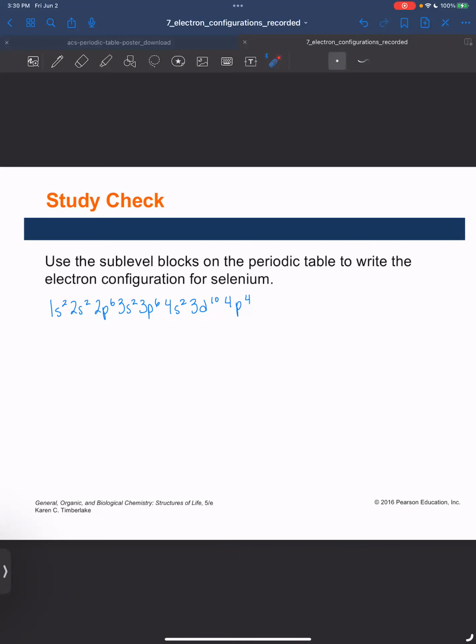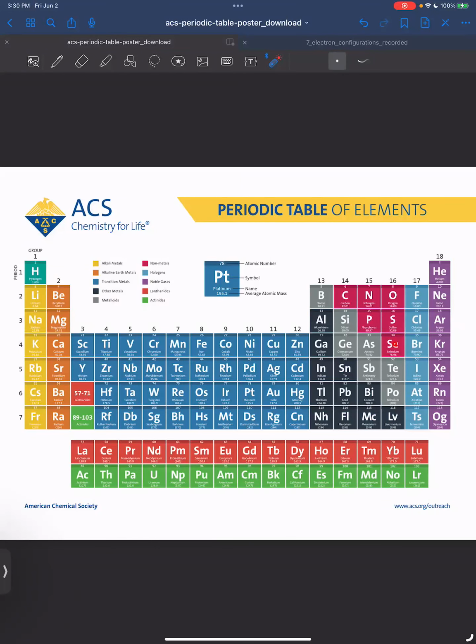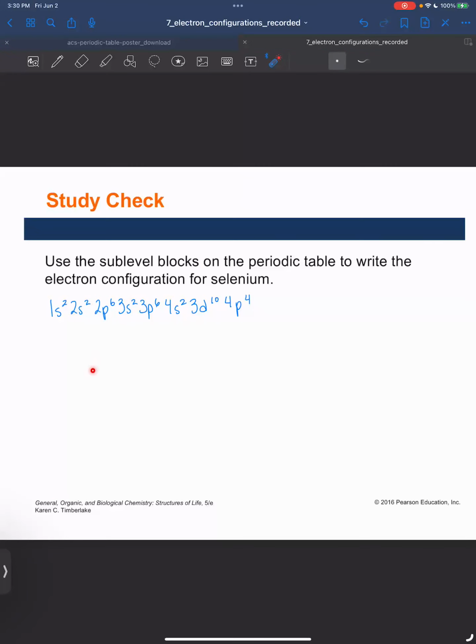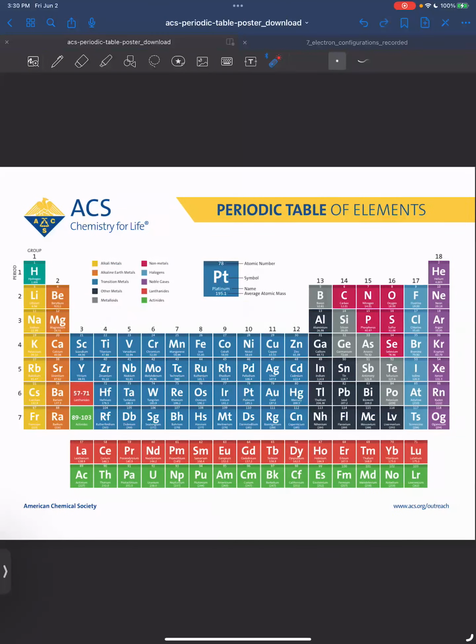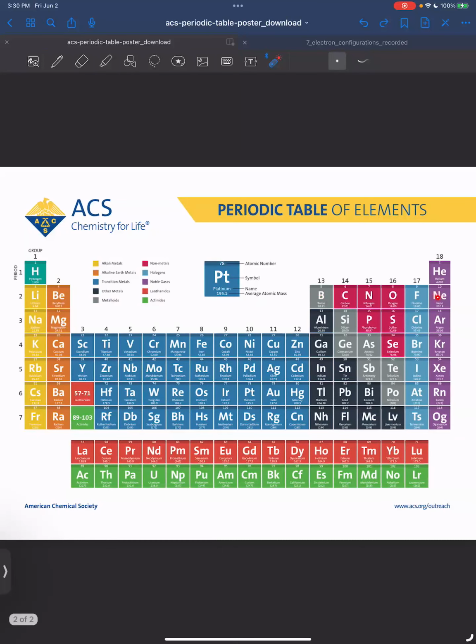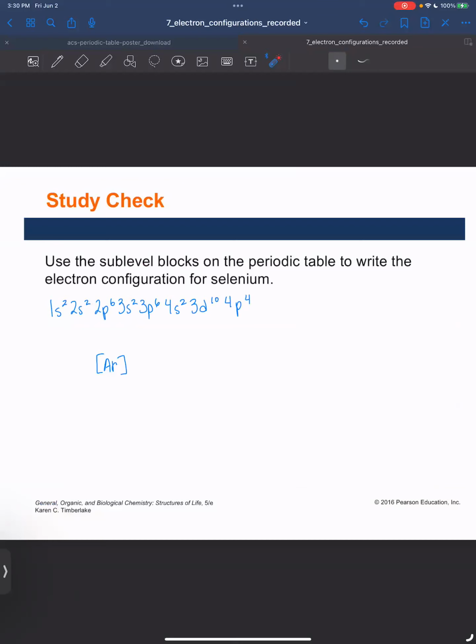The abbreviated version is that you would look at selenium and find the preceding noble gas, which is argon. So the preceding noble gas is argon, and you put brackets around it. And argon's electron configuration is 1s2, 2s2, 2p6, 3s2, 3p6. So argon is here.